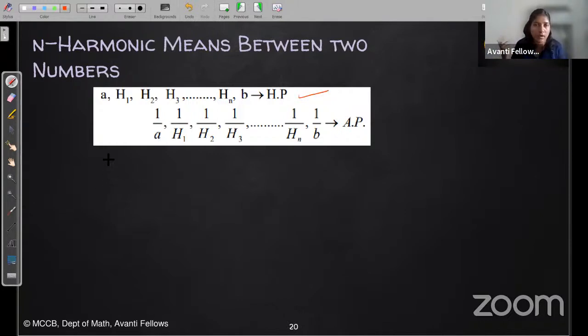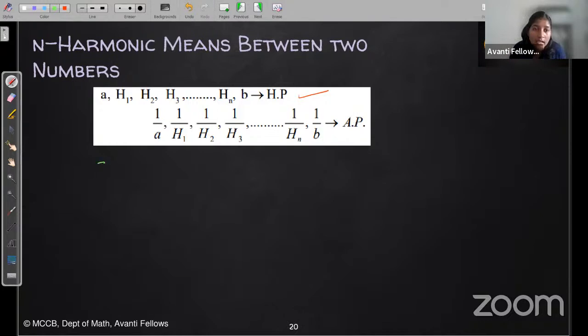It's the easiest way to solve it. When we convert that to AP, we get 1 by A, 1 by H1, 1 by H2, and so on up to 1 by B. So if 1 by A and 1 by B are the first and last terms of the AP, the in-between terms will be n arithmetic means of the AP.